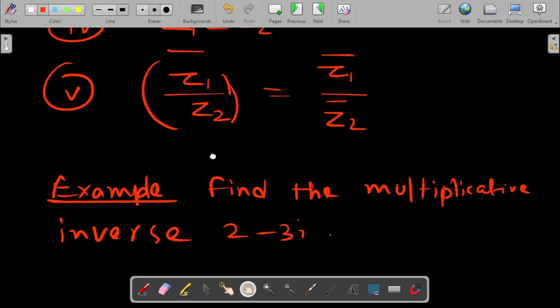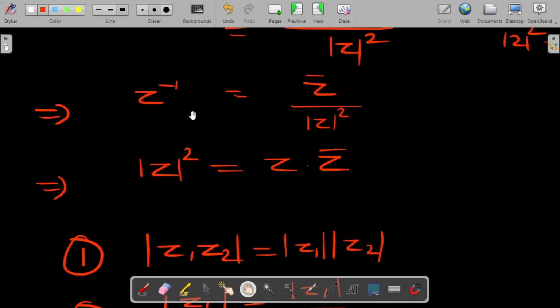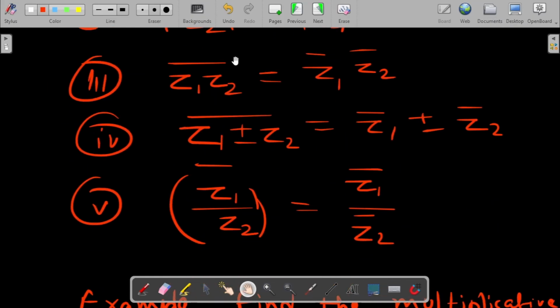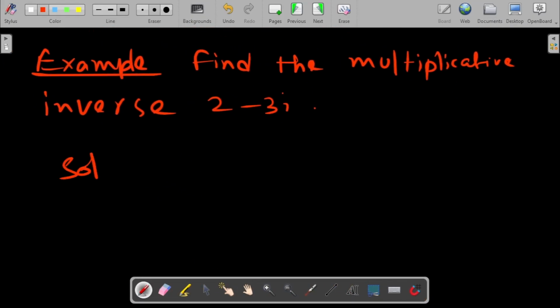But here, for understanding this formula, we use that z inverse is z conjugate divided by modulus of z square.